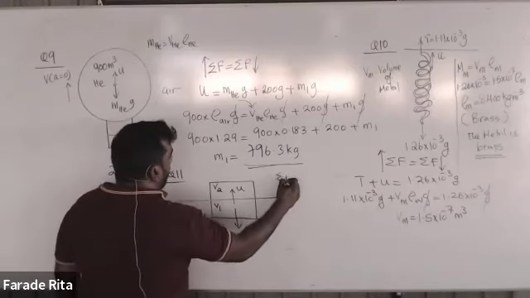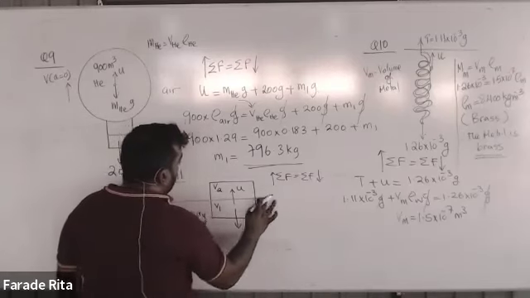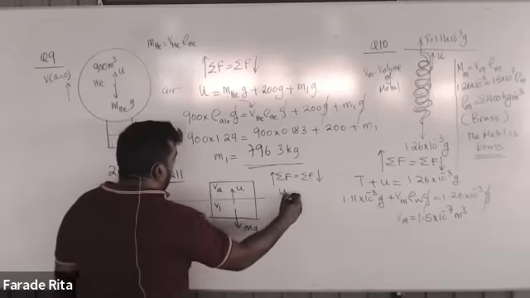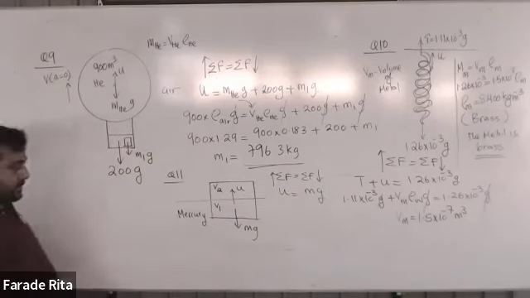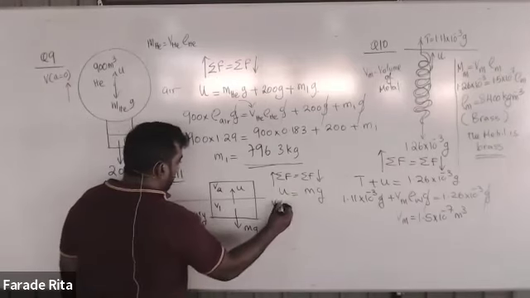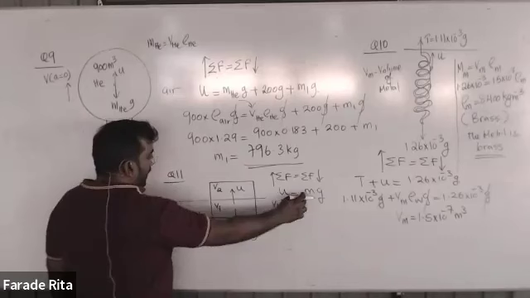So sum of forces in the upward direction balances sum of forces downward. Upthrust balances weight. What is upthrust? Submerged volume, density of mercury, into g. What is the mass?